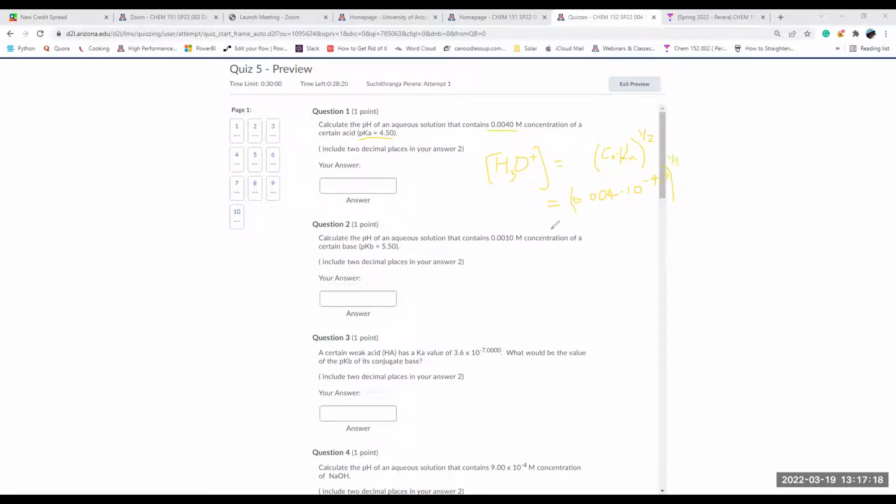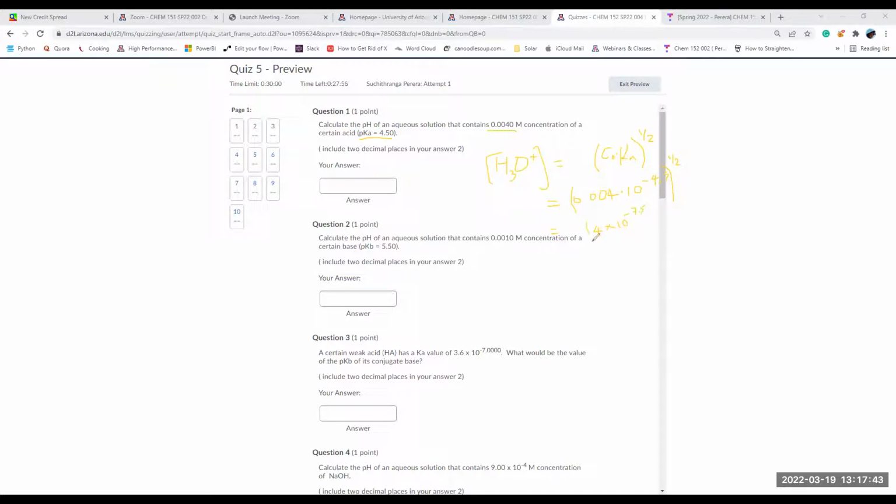Now, if you use a calculator, what we have here is 4 times 10 to the power of minus 7.5.